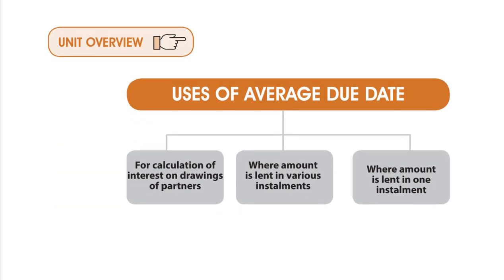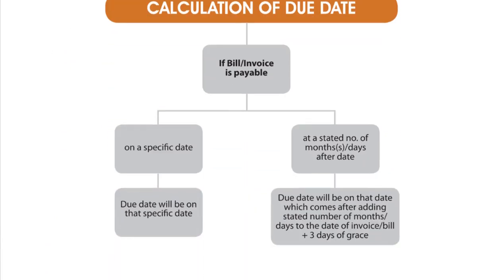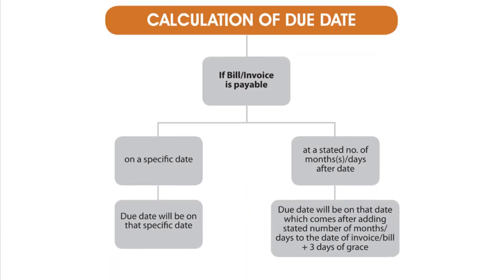Unit overview. Uses of average due date for calculation of interest on drawing of partners, where the amount is lent in various installments, where the amount is lent in one installment. Calculation of due date of a bill or invoice: if payable on a specific date, due date will be the specific date.